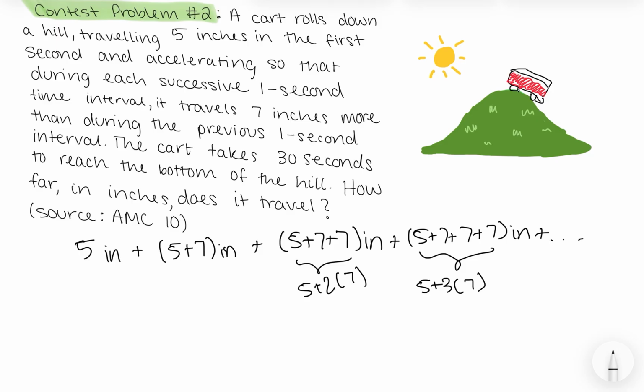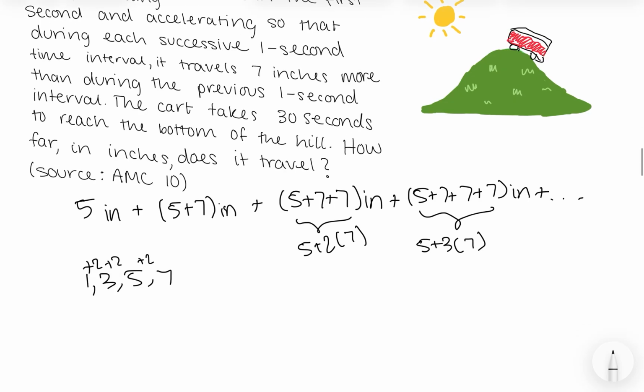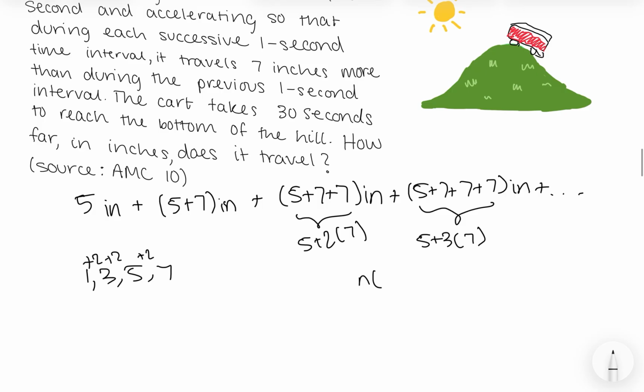If you remember what an arithmetic series is, it's when there's a sequence of numbers like this, and you're adding the same difference each time. In this case, we're adding 7 each time. So this is an arithmetic series. We need to know the sum of this series. And for this, there's a neat formula that's important to keep in mind when doing competitive math. And that's n times a sub 1 plus a sub n, divided by 2.